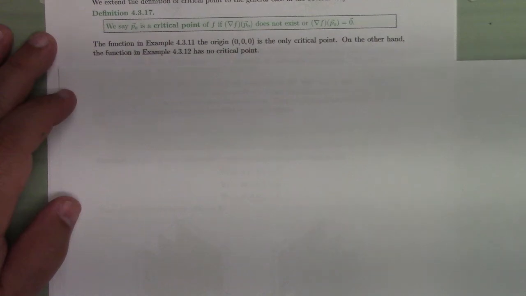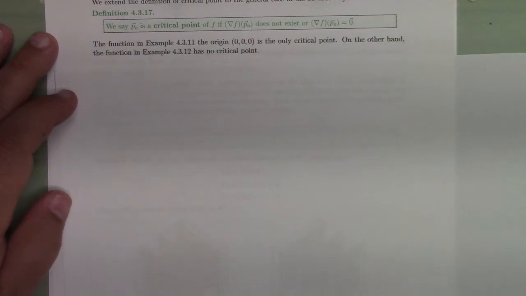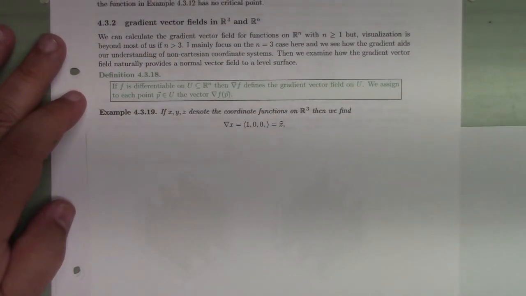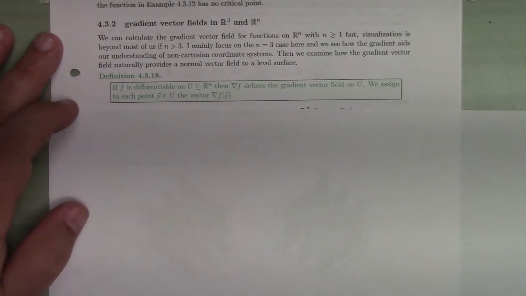So these are some comments. If you go back and look at the examples, we can see critical points for some of them. But we'll come back to say more about critical points in a future lecture when we talk about optimization, although we can see some of that as we look at gradient vector fields. So what's a gradient vector field?